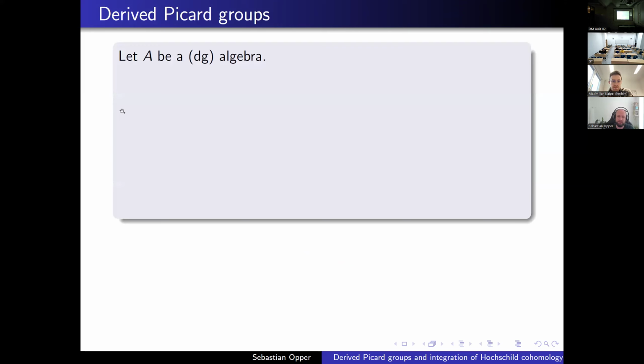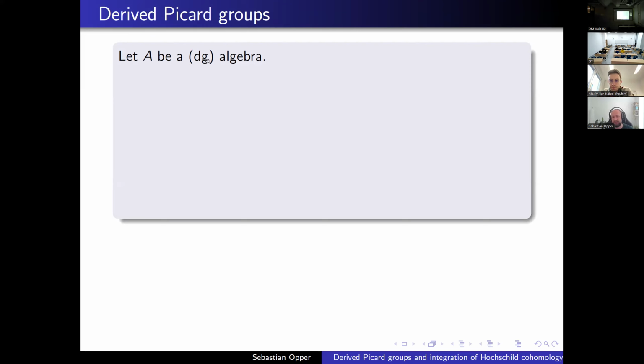First part is to start with what are derived Picard groups, so explaining the first part of the title. So if you give me a DG algebra, and even though you can perfectly just take an ordinary algebra, I at least invite you to think of a graded algebra, because most of the things I will be talking about collapse and get very boring if you just take an ordinary algebra. You'll see later why. But you can also take something more general than this.